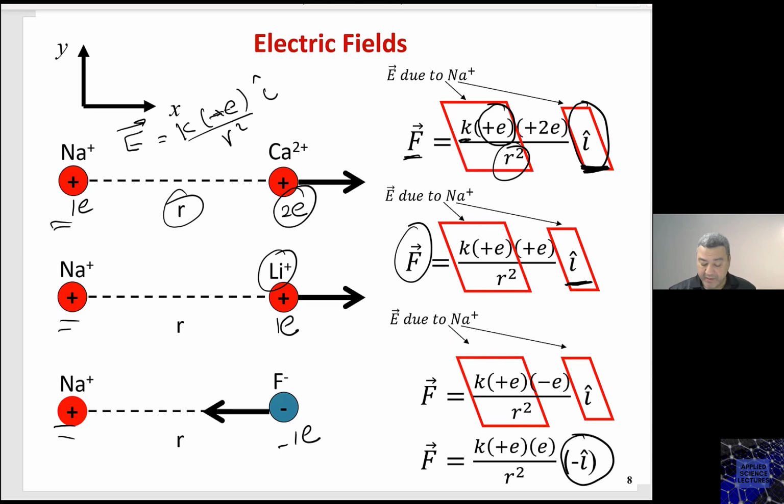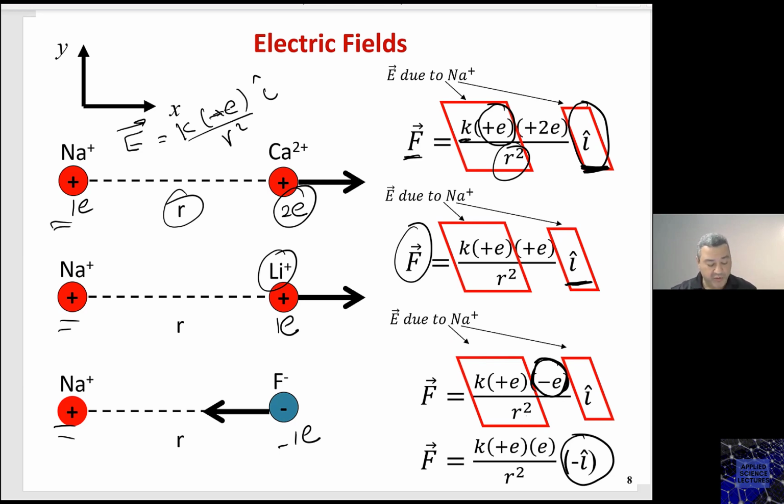K plus e divided by r squared, also i hat. Now remember that this negative came from the second charge. So this is the common relationship between those three.